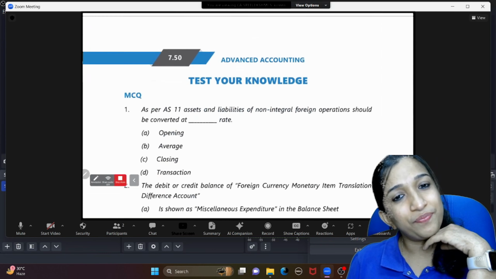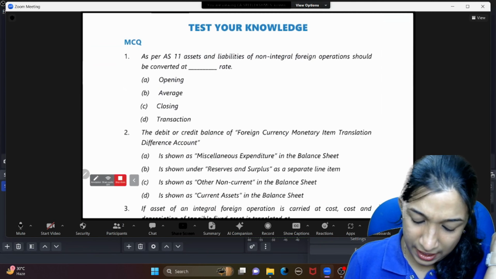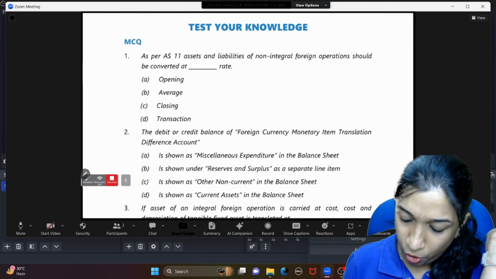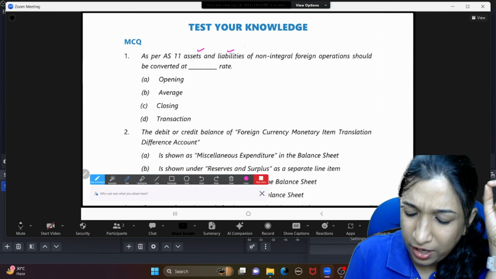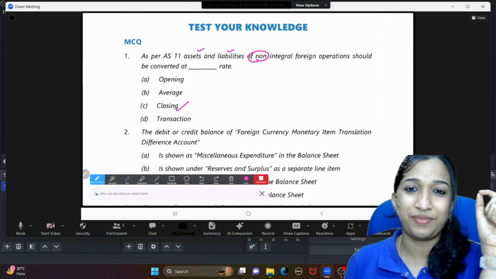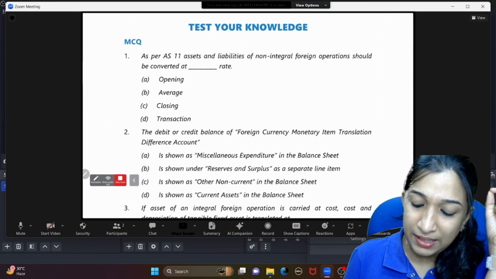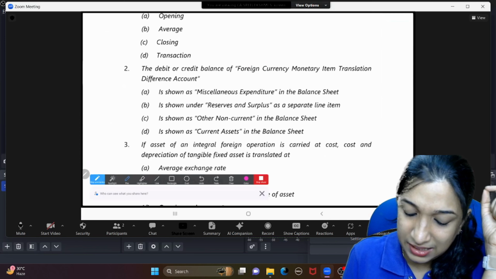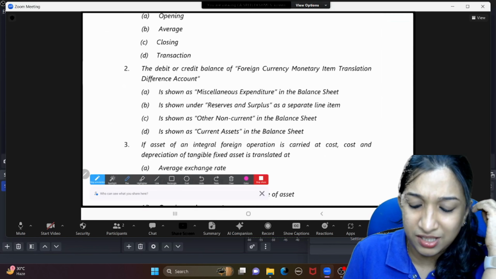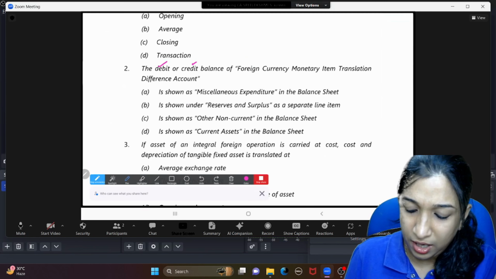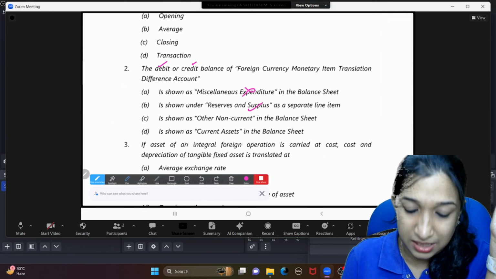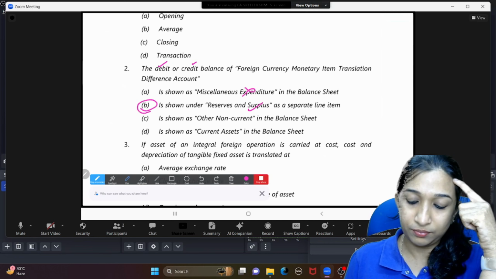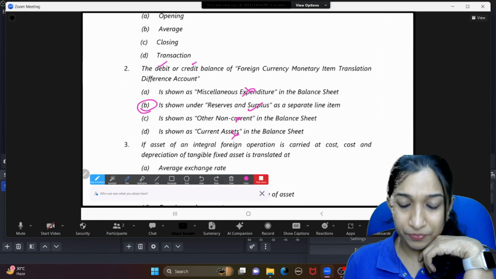Okay. That's it. As per AS 11, assets and liabilities of a non-integral foreign operation should be converted at the closing rate. Good. Debit and credit balances of FCMITD account, whether debit or credit balance, will be shown under reserves and surplus, yes, B. I'm not reading further.